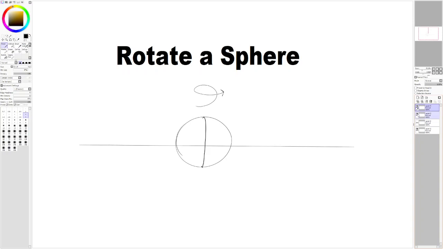The point is that I only have to focus on one thing at a time. And here we are, another layer, and we're rotating that ellipse.